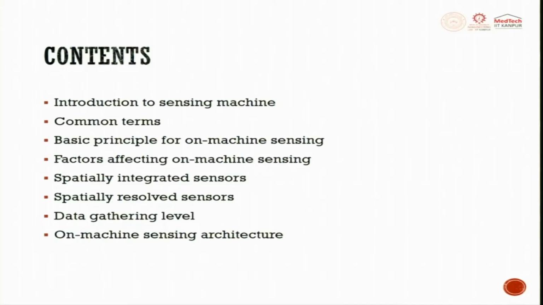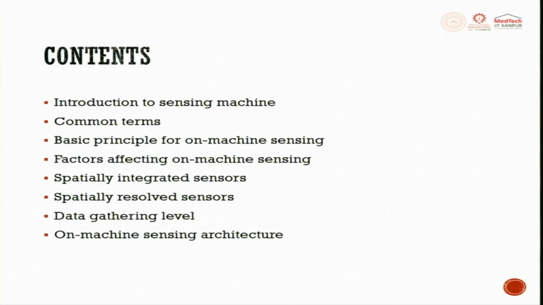So, that is the basic principle for online sensing. Then it is factors affecting on machine sensing. Then we will have spatially integrated sensors, then spatially resolved sensors, then data gathering level, then on machine sensing architecture.